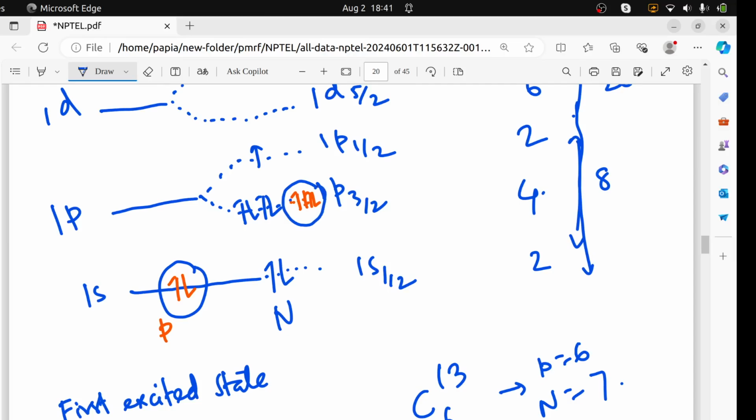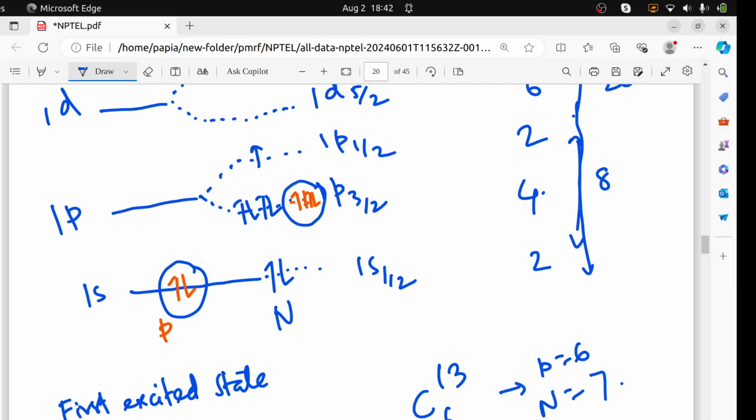For these cases, if the first excited state is coming, the proton will not go to the higher state because it's already very stable, right? First excited state means we are giving a little more energy from the outside to the nucleus so that it will come to the higher energy level. But for the proton, as it is already fully filled, it will not go that easily to the higher energy state.